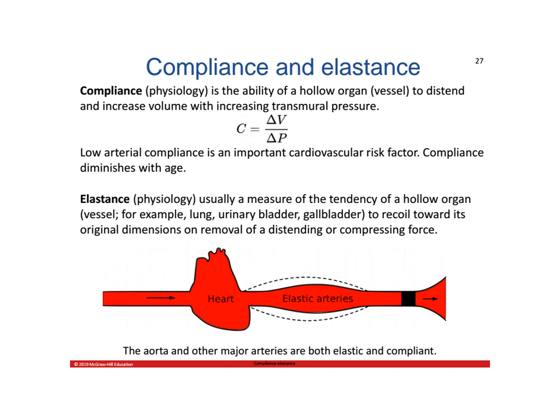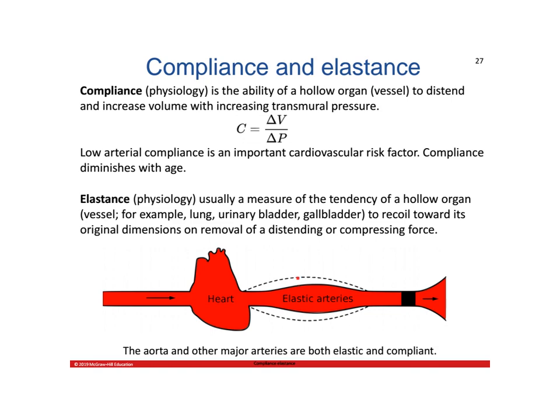Elastance is usually a measure of the tendency of a hollow organ or vessel, for example, lungs, urinary bladder, gallbladder, to recoil towards its original dimensions upon the removal of the distending or compressing force. So again, we can use the example of the aorta or other major arteries. During the ejection phase, you have blood ending up in the elastic arteries.